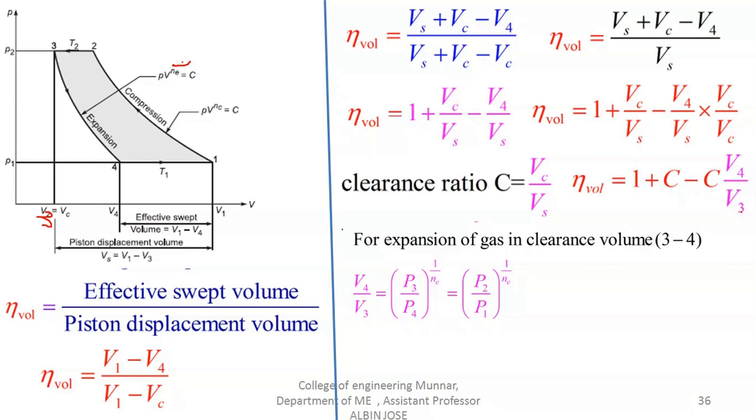We know that P3 is equal to P2, and P4 is equal to P1, the suction pressure. So P3 by P4 all raised to 1 by Ne is equal to P2 by P1 all raised to 1 by Ne.